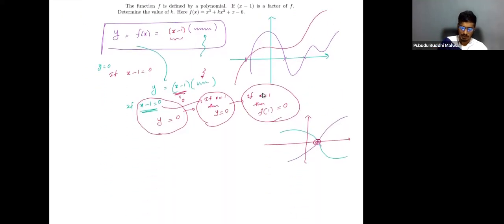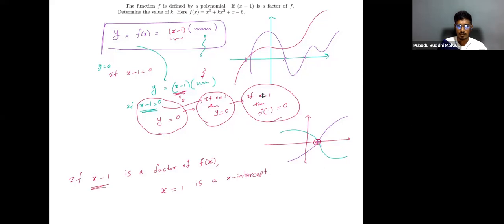In simple words, if x minus 1 is a factor of f of x, then x equals 1 is an x-intercept for this function, right?